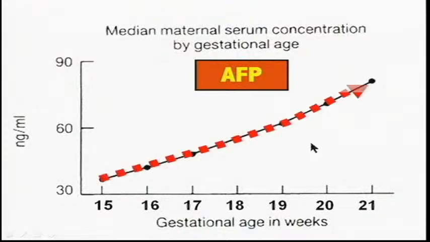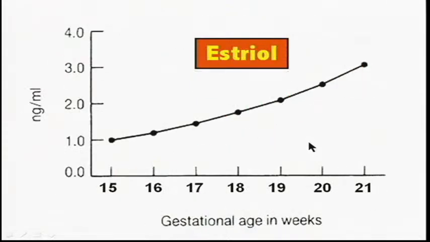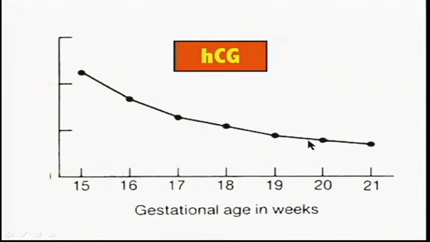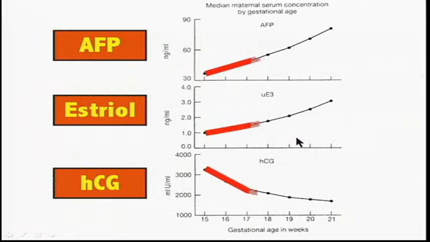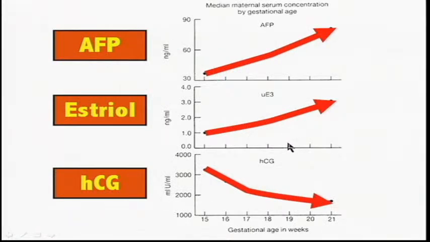AFP, remember, goes up. Estriol goes up. Beta-HCG, after 10 to 12 weeks, goes down. And the important thing to remember here is that these values are not static. They're changing. And so it's really important to know what is the gestational age.